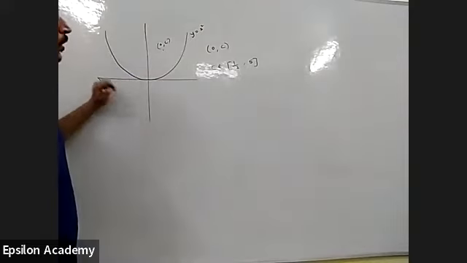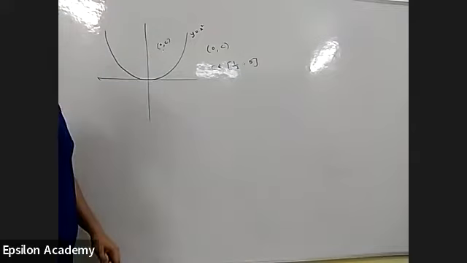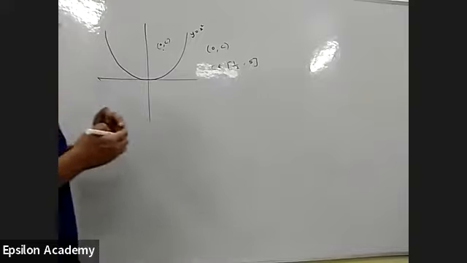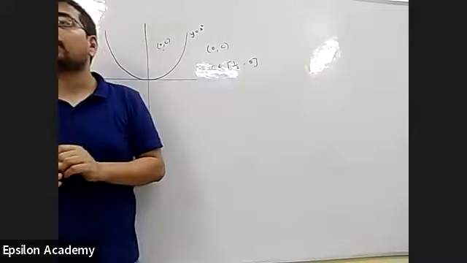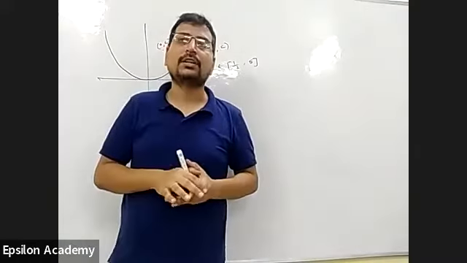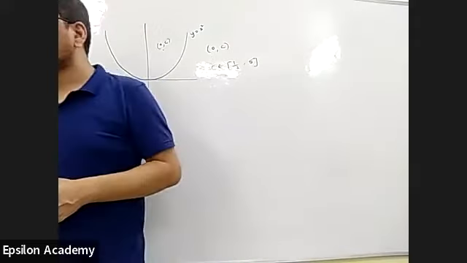First of all, what do you mean by shortest distance between these two? Need not always be perpendicular. Remember, shortest distance is always the perpendicular distance only between a point and a line, not necessarily between a point and a curve. Where should I draw the tangent? I don't know.